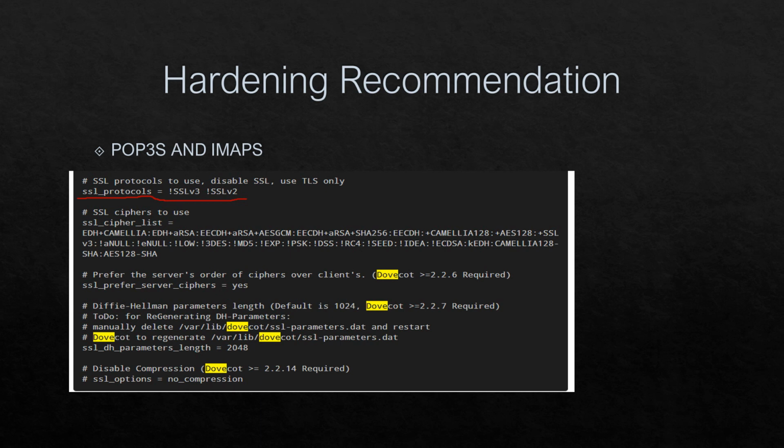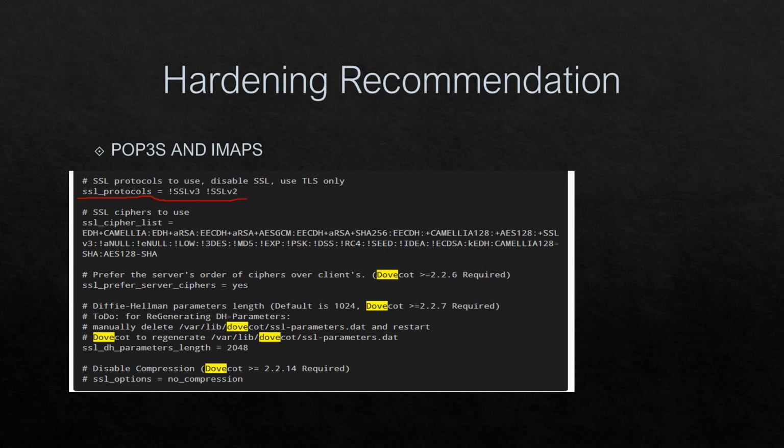Remember I talked about the RC4 that is considered weak. If you see, these are the SSL versions that are listed, meaning that the RC4 is not part of it. So by using this, you are not going to be using anything that has to do with RC4.